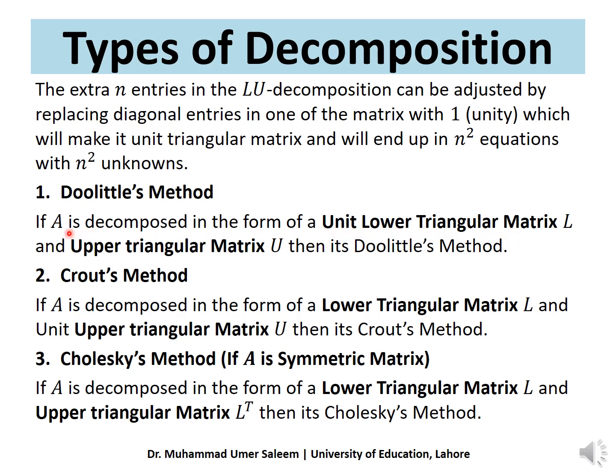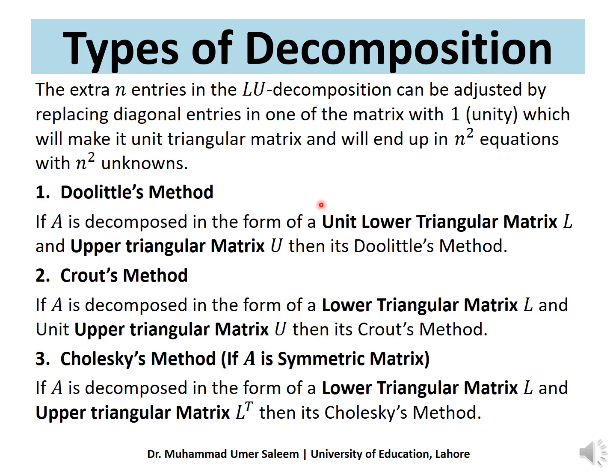So if A is decomposed as a product of a unit lower triangular matrix and an upper triangular matrix, then this decomposition or factorization method is called Doolittle method. This Doolittle method is also called only LU decomposition method or decomposition method. These are the 3 names we use for Doolittle method.